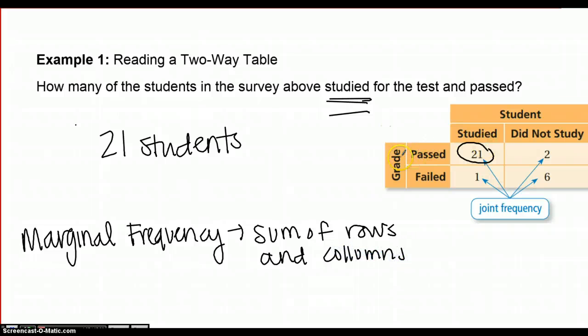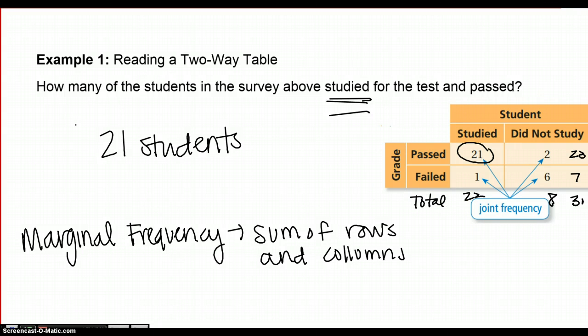So the marginal frequency of passed would be 23. The marginal frequency of failed would be 7. 8 did not study and 22 studied. Okay, and then you can say the total amount of students is 22 plus 8 is 30, and these should equal up. So 23 plus 7 is 30, 22 plus 8 is 30, and we're good to go. So you basically make a totals column.